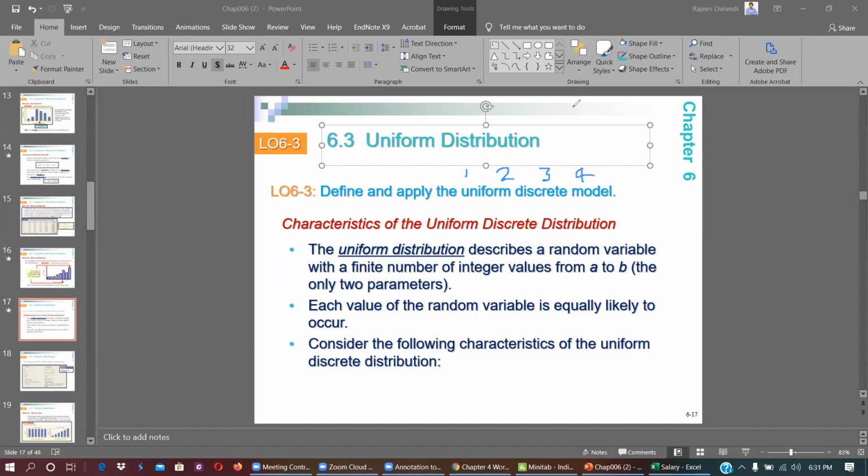And let's say in 60 students, we have 15 students from first year, 15 from second year, 15 from third year, and 15 from fourth year. What is this distribution? The student distribution in my course based on first year, second year, and so on is uniform, because everyone is 25%, out of 60. This is called uniform distribution.